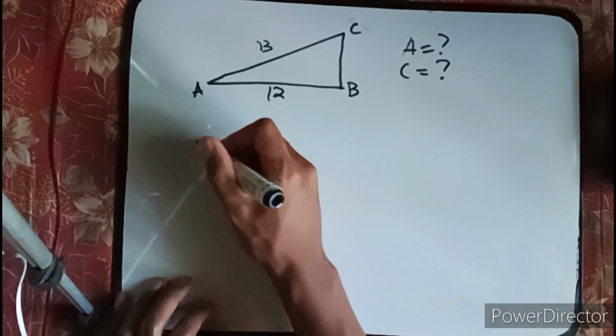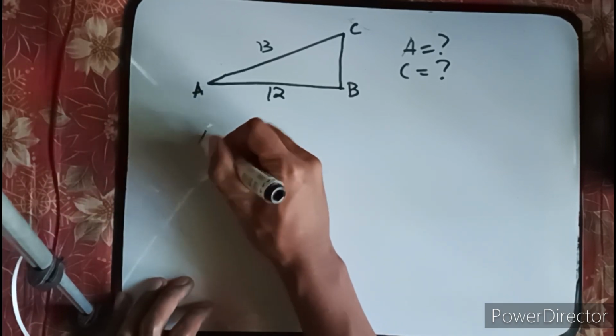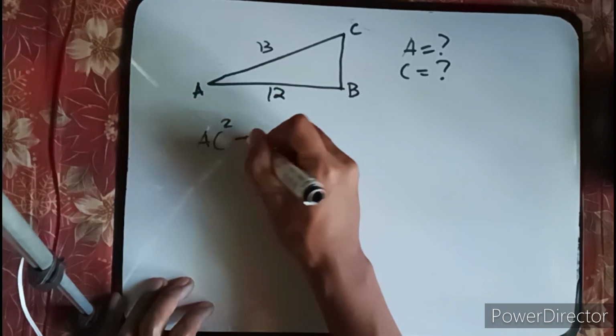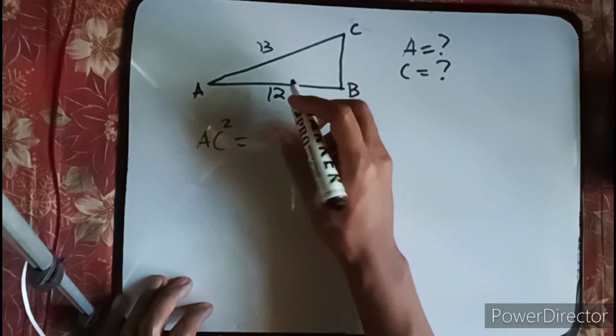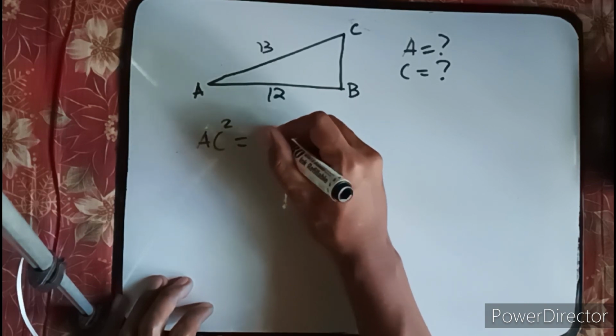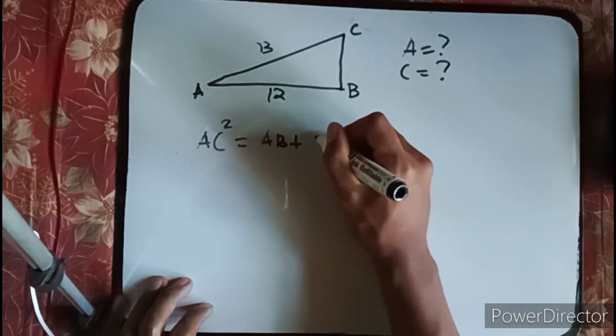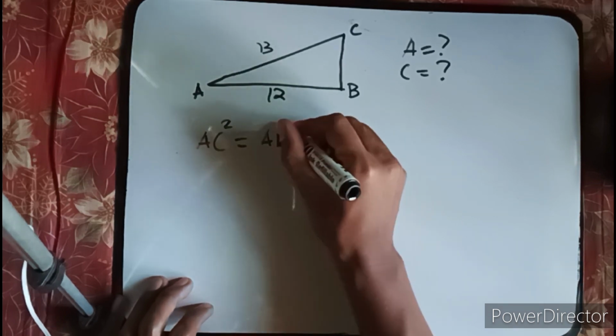So first, we have here the Pythagorean formula. AC squared is equal to AB squared plus BC squared.